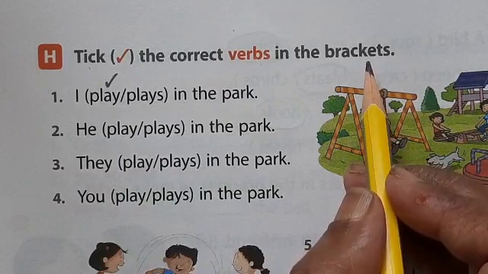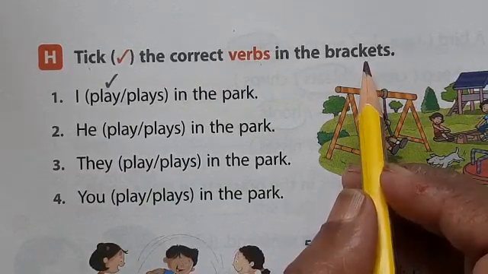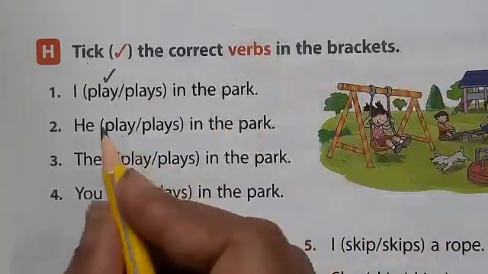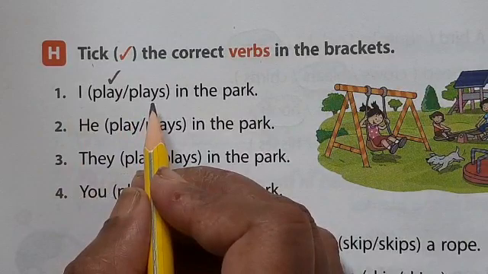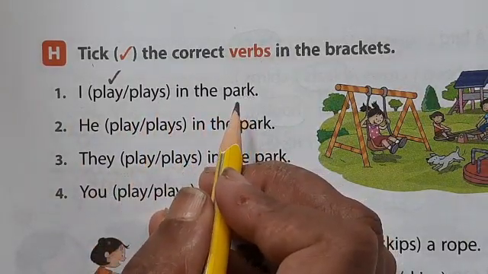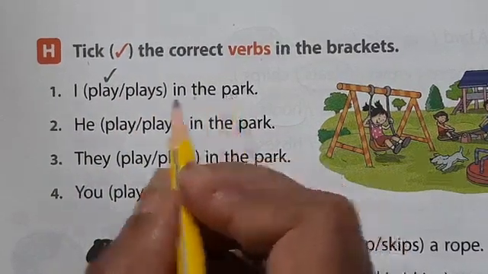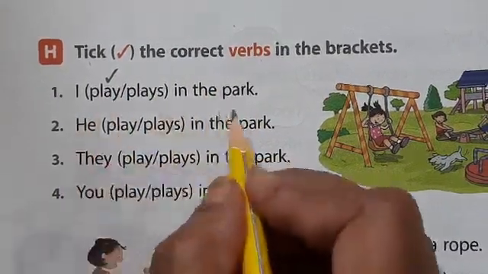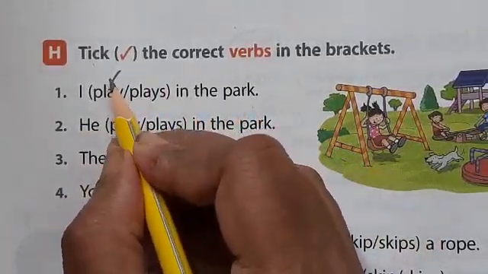We are going to read and find out which is correct. The first one: I plays in the park. No, it is totally wrong. When you are talking about yourself, we use I play in the park. So that's why the word play is ticked over here.